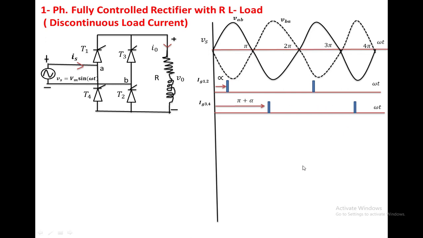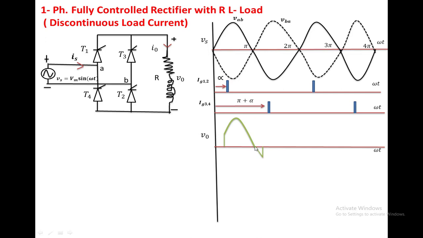Now we are going to develop the output voltage waveform from alpha. At alpha, T1, T2 is on. Once T1, T2 is on, the load is connected to the source through T1, T2, so the load voltage is equal to the VAB voltage. You have to see how the VAB voltage changes from alpha to pi, up to this point.